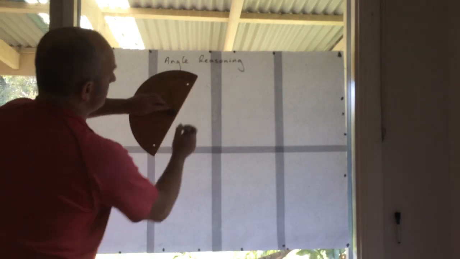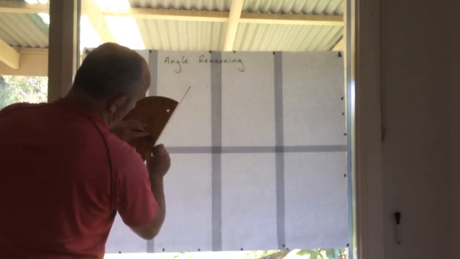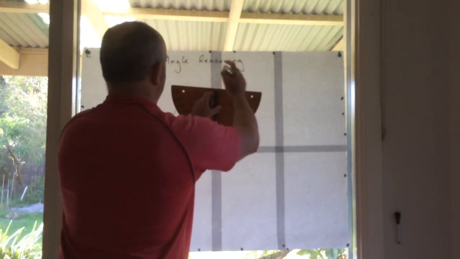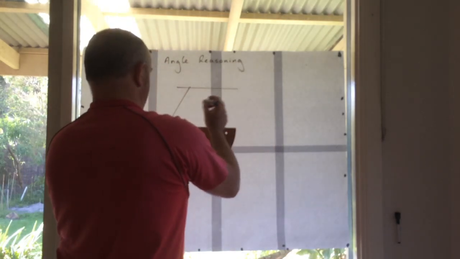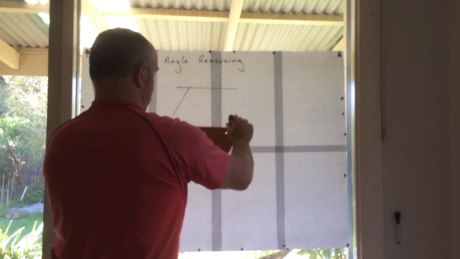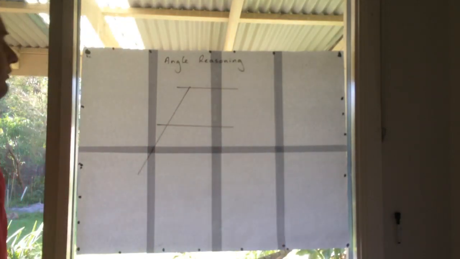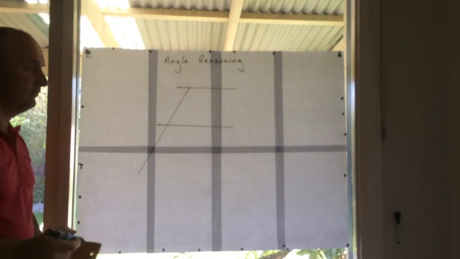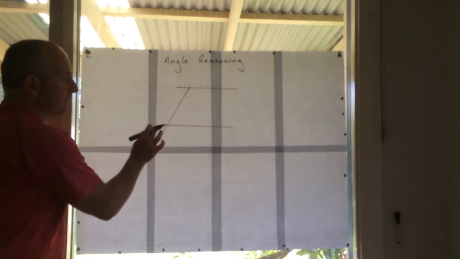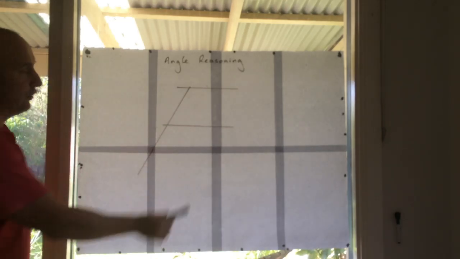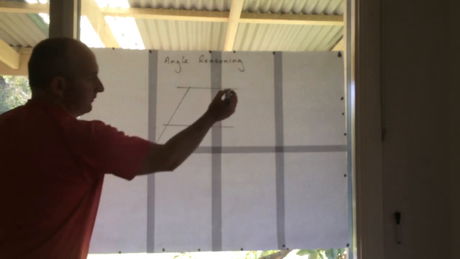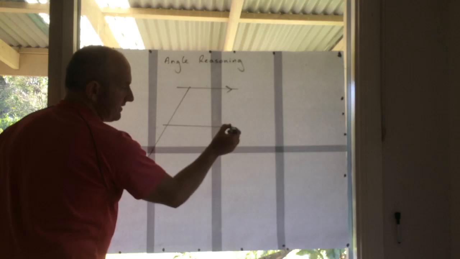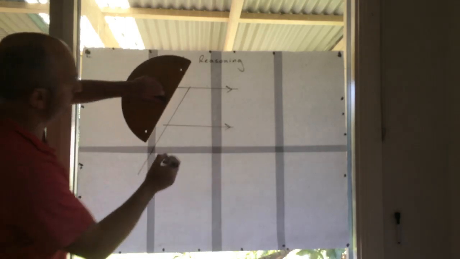Next one is this angle here. Some people call this an F angle for obvious reasons, but you need two pairs of parallel lines. Hey, they're not parallel. Ah, yes they are. Now they're parallel.